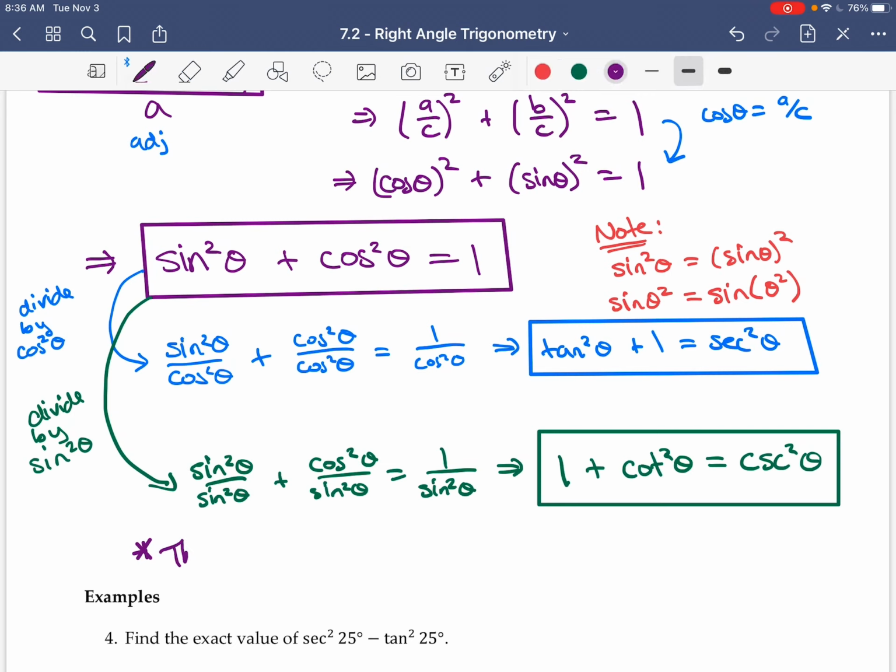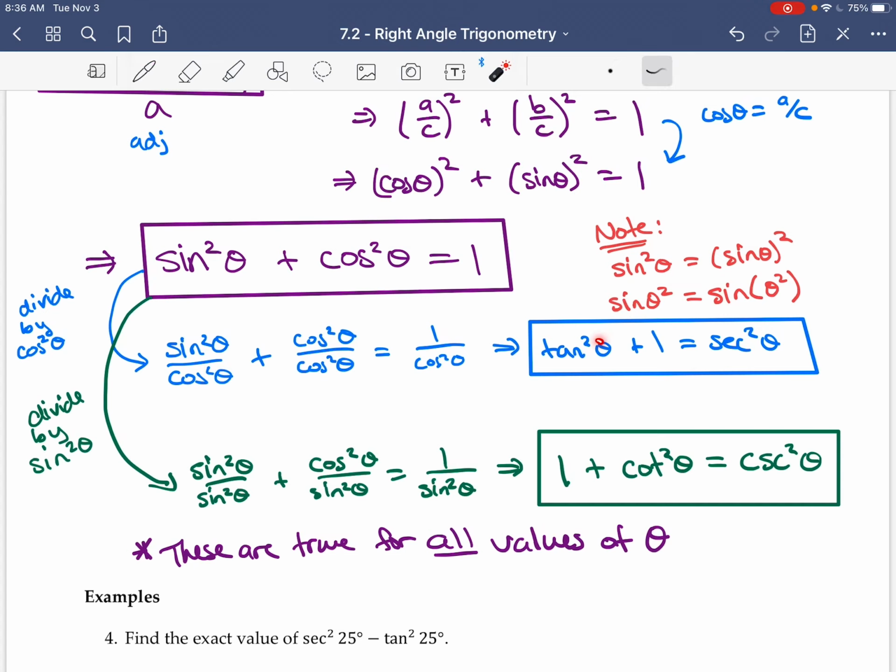These are true for all values of theta. It doesn't matter what theta is, as long as it's the same theta. So the theta here matches the theta here, then this identity is true.